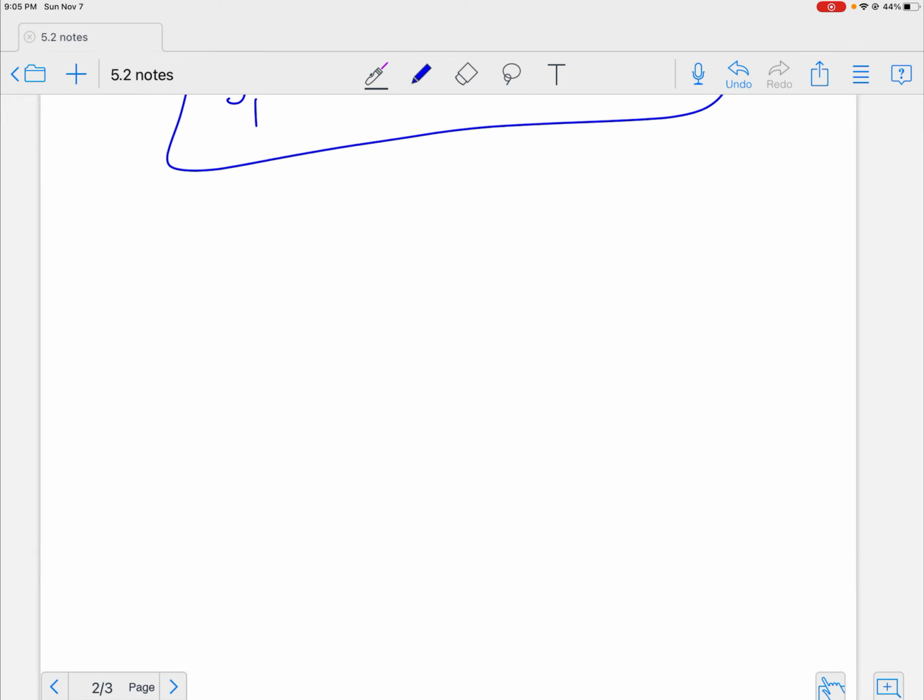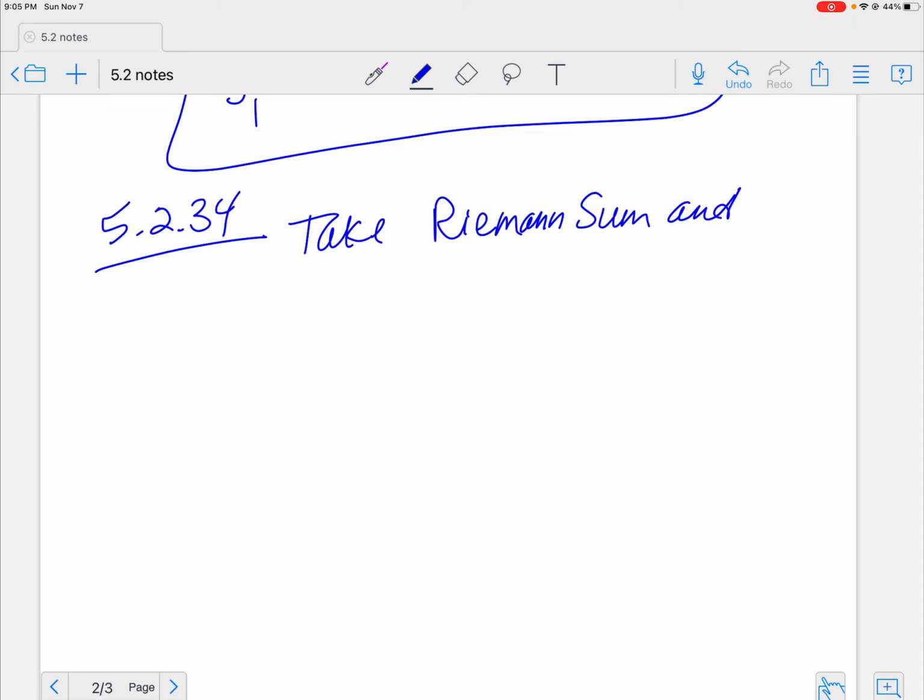Okay, let's try one more here. What about 5.2.34? We are going to take this Riemann sum and write it as a definite integral.